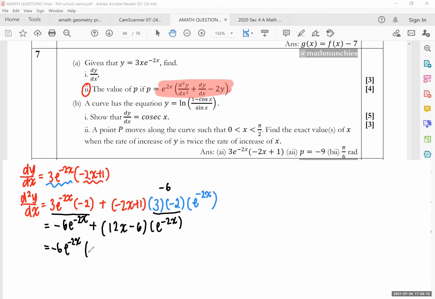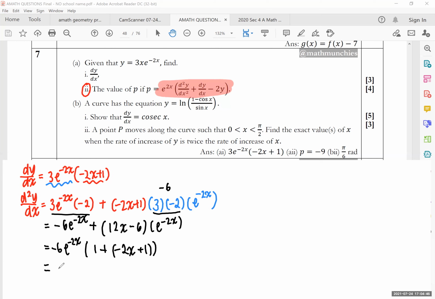We take out negative 6e to the power of negative 2x, leaving negative 2x plus 1, and so on. Okay, simplify it.